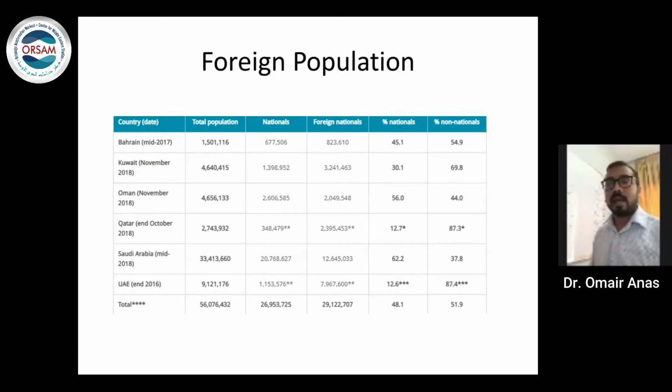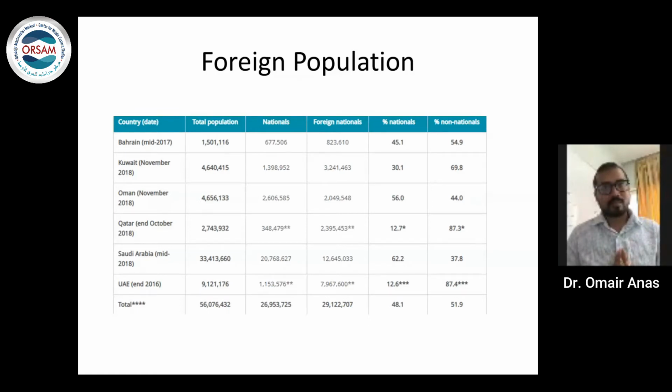In Qatar, 87% of the population is non-Qatari, which means that they have been called from outside. In Saudi Arabia, 37% of the population is outside, and in UAE, 87% of the population is outside. Sorry, in the region, 51% or 52% of the population is from outside.